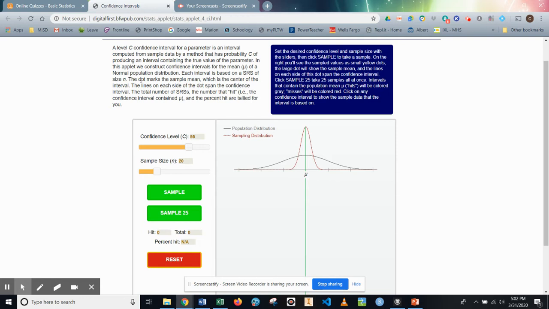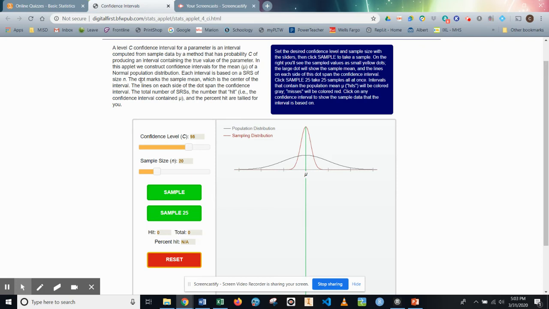You'll be given a sample size also. A lot of times, researchers will try to figure out what sample size they want. And they can do some math. We don't do that in this class, but you can do some math to say, hey, I want to be within 3 percentage points on either side. And then they know how big a sample they have to take in order to have that confidence interval size.